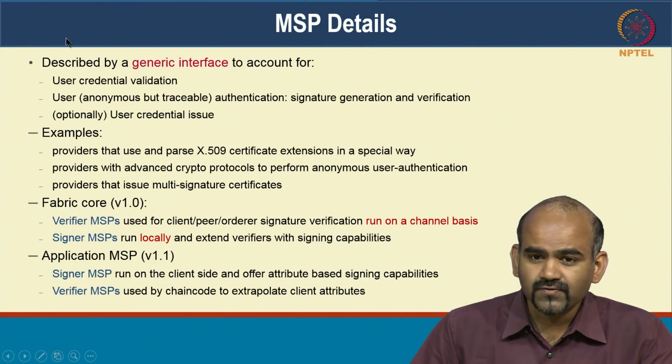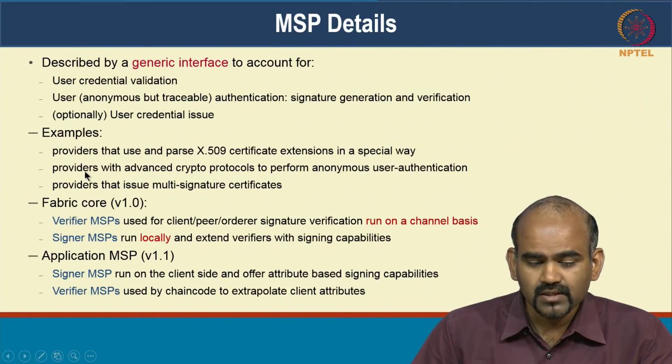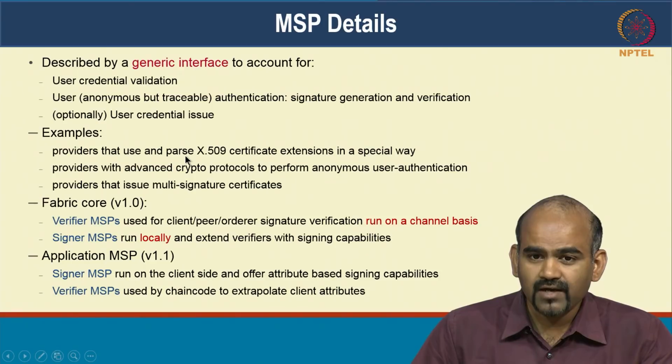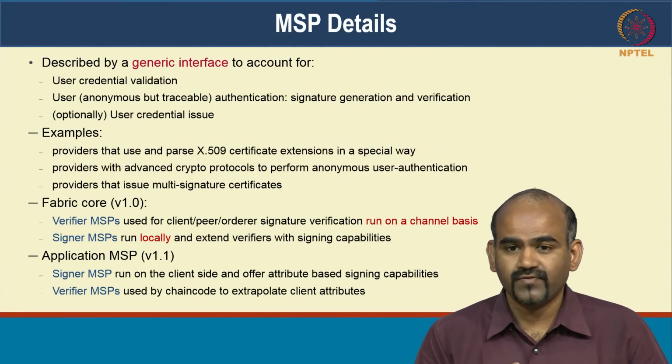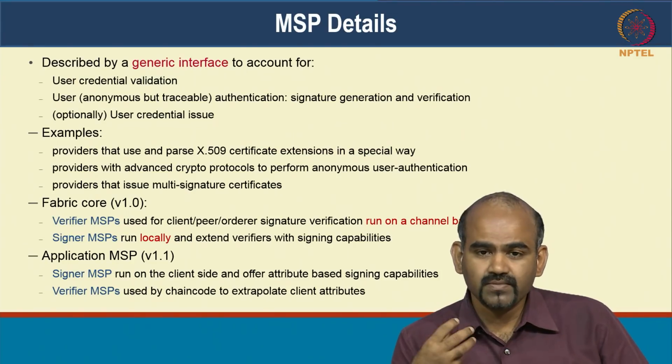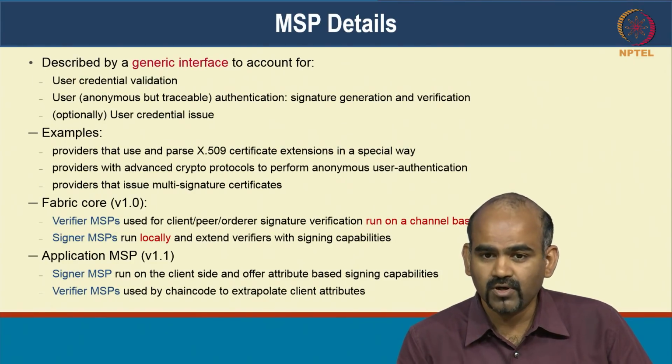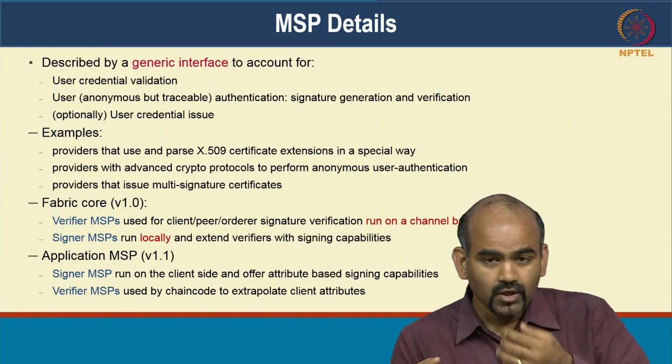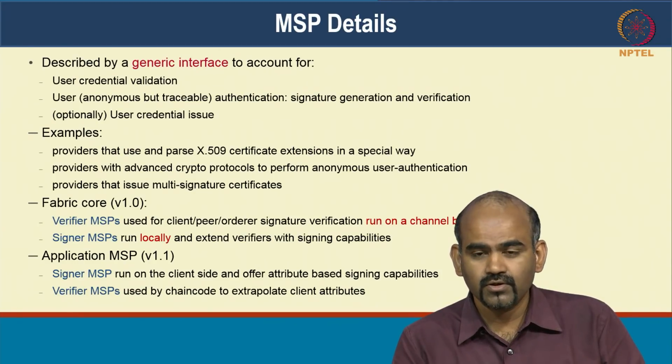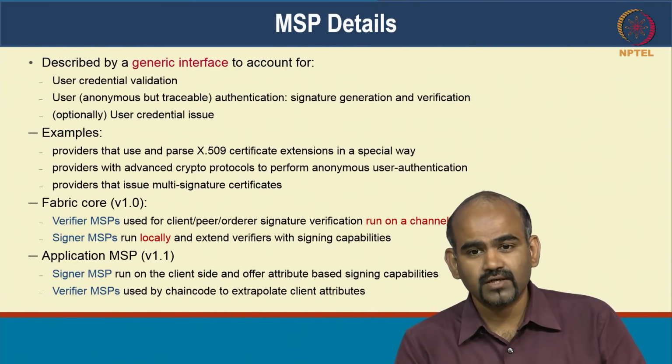Some examples of how one might implement an MSP: you could have a certificate authority that has a special kind of X509 certificate, with some extensions that modify it in certain ways. Or you might apply certain advanced cryptographic protocols and perform anonymous user authentication. We'll talk about an example of this called Identity Mixer.